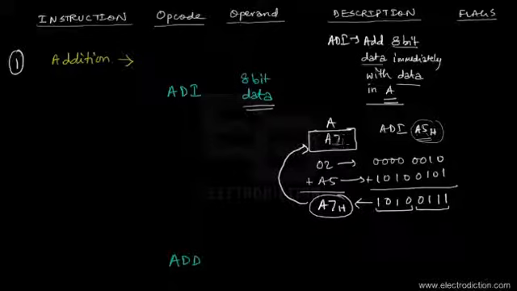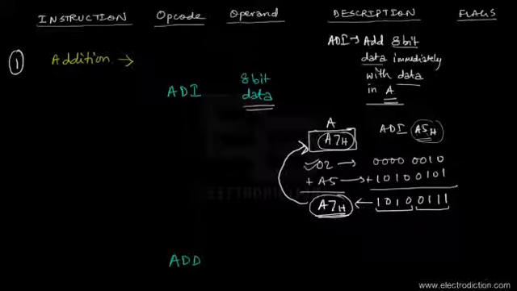So what this instruction basically does is that it adds an 8-bit data instantly with the data present in the accumulator, and then the result of the addition is stored in the accumulator itself. So now the accumulator doesn't have the previous data that was 02H, but instead it now has the result. That's quite a simple addition instruction.